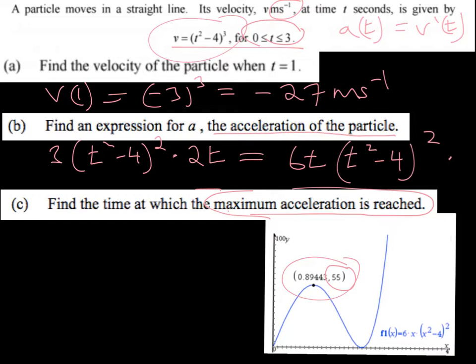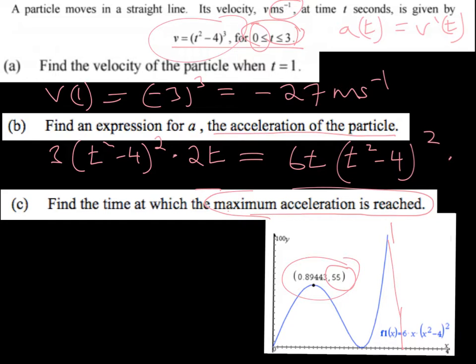So we would ordinarily need to check both extrema, but we can see straight away on the graph here that when t equals 0, it's clearly got a value of 0. So all we need to do then is check for when t equals 3. If we substitute in or we look on the graph, we can see that when t equals 3, the acceleration will be up here somewhere at 125.